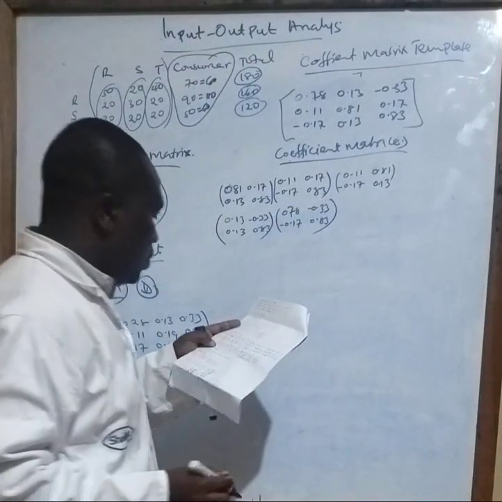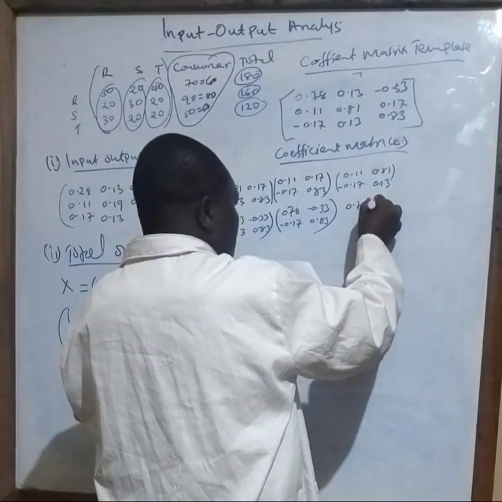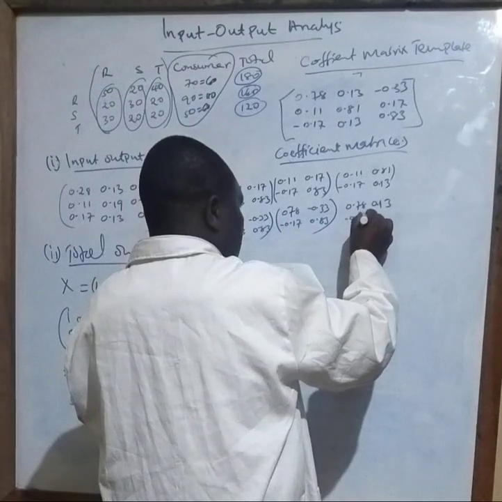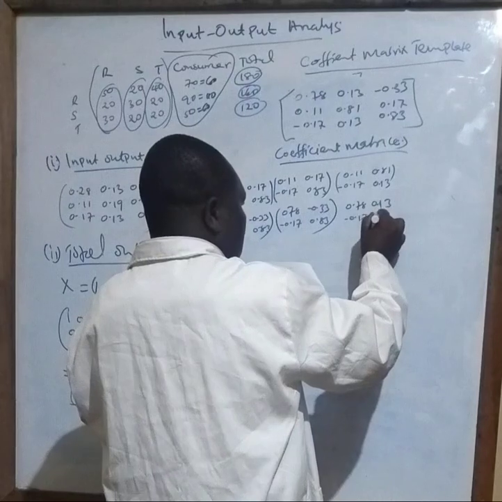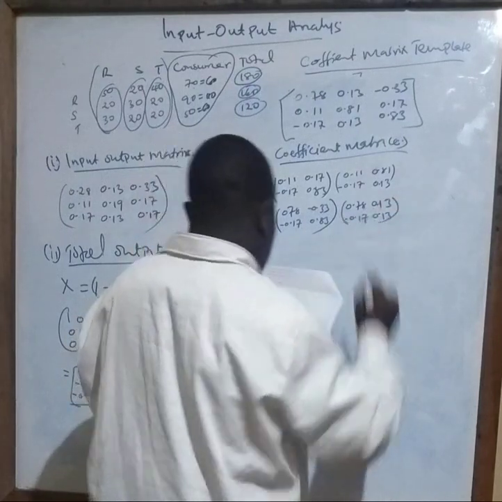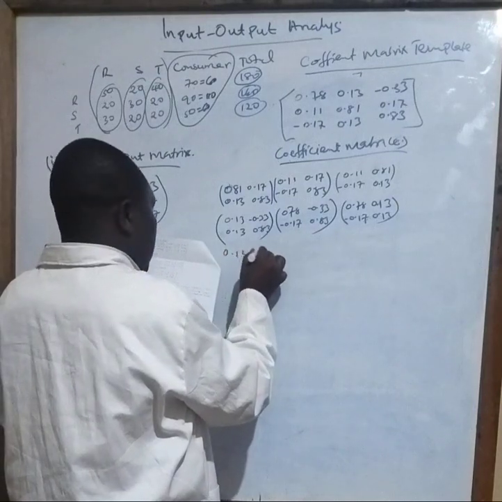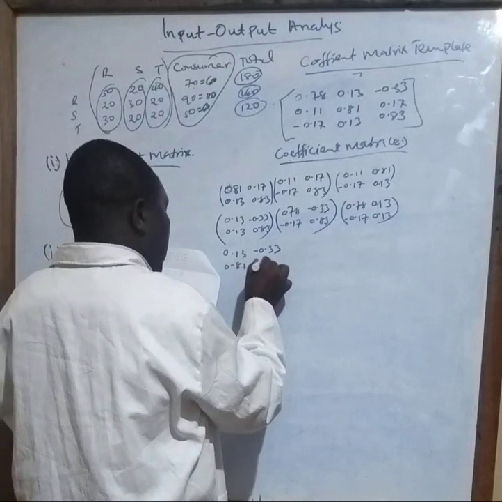Then the last one will give you 0.78, 0.13, negative 0.13, negative 0.17, then 0.13. Then the last one will give you 0.13, negative 0.33, 0.81, 0.17.